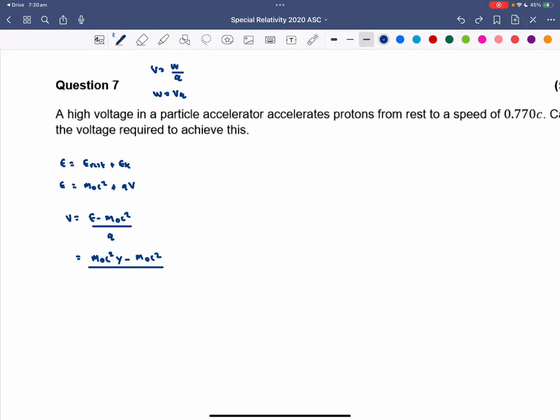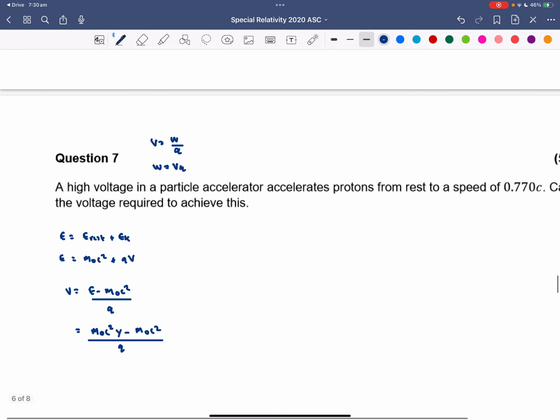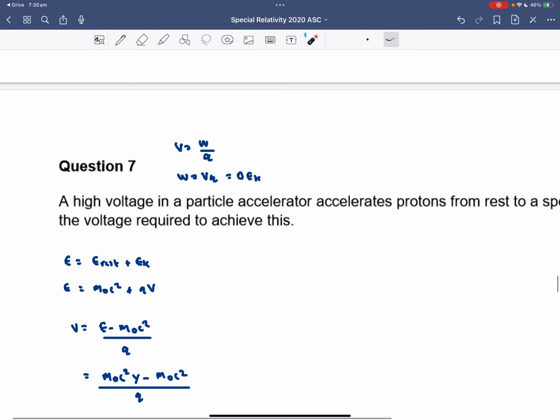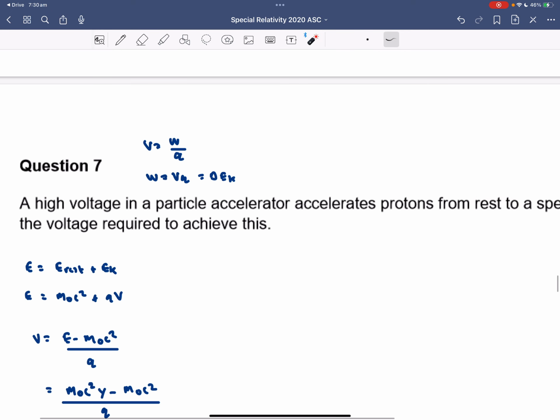Alrighty, nice question. You just had to remember the electricity formula that the voltage is work done per unit charge. Rearrange that, work done is VQ. That work is technically equal to the change in kinetic energy. And because it's at rest to begin with, the change in kinetic energy is equal to the kinetic energy.